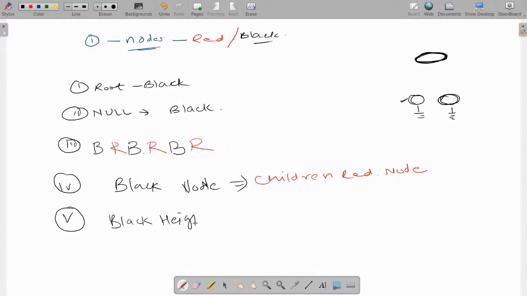Black height. In a normal tree, we have a concept of height. In a red black tree, we have a concept of a black height. What's the black height? Black height is the height of a tree, or we can just say the length of the path from the given node from which we are considering it, and we are counting all the black nodes in that path.